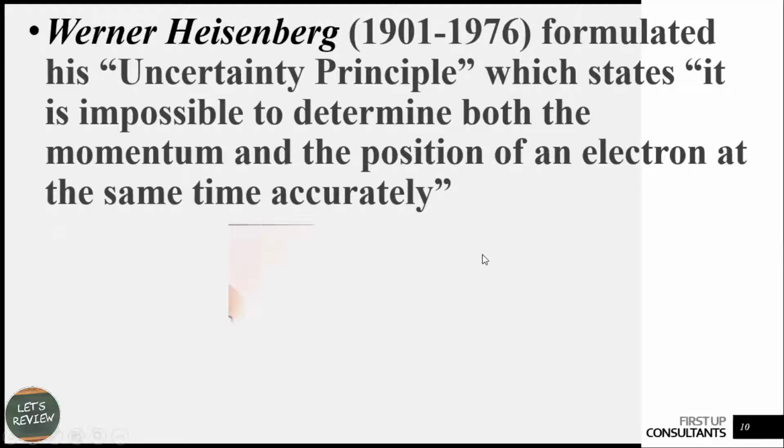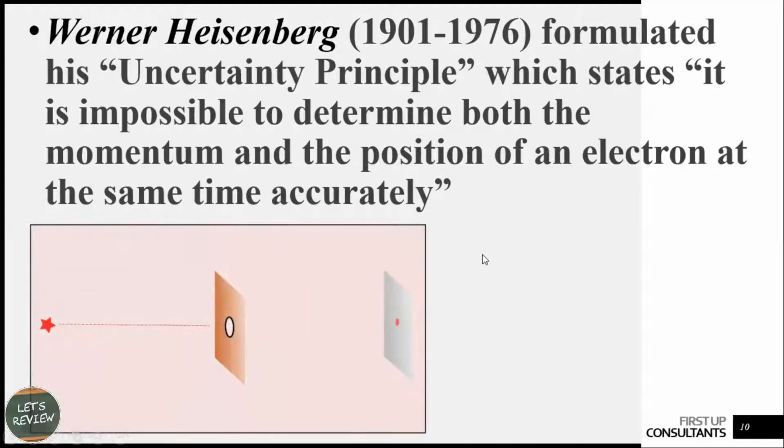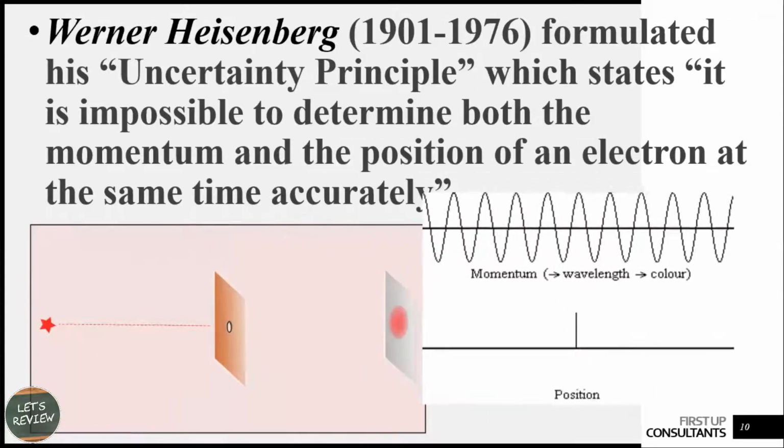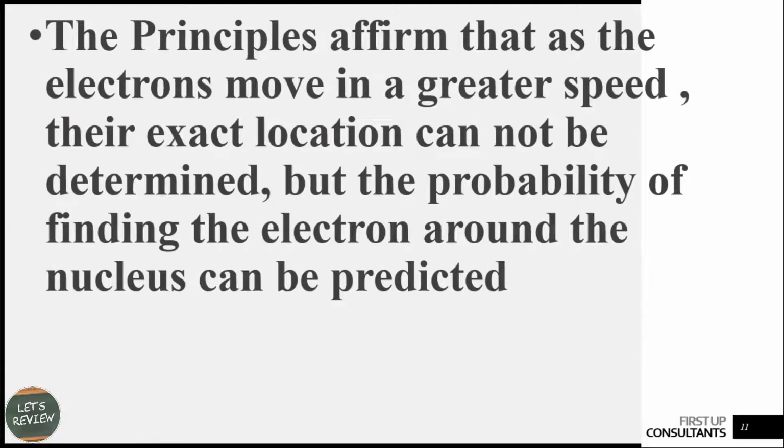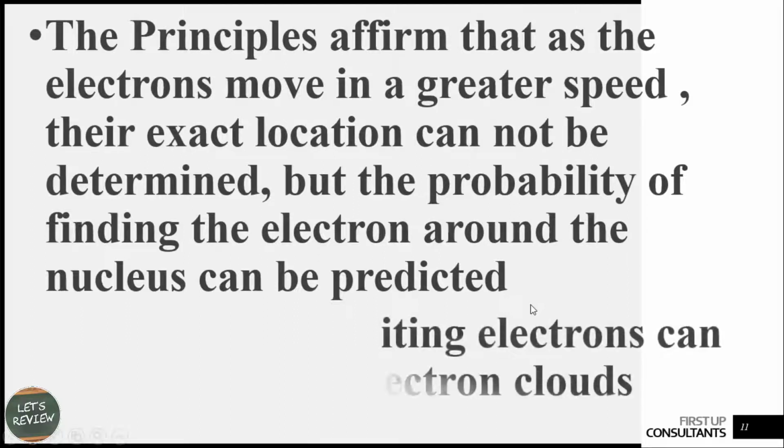Meaning to say, it is really hard to determine the position and the momentum of those electrons. But this principle affirms that as the electrons move at a greater speed, their exact location cannot be determined, but the probability of finding the electron around the nucleus can be predicted.